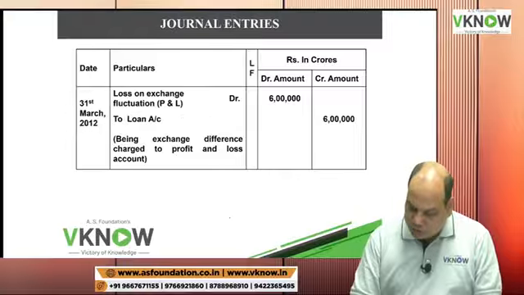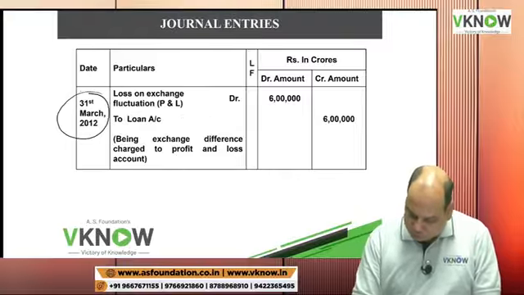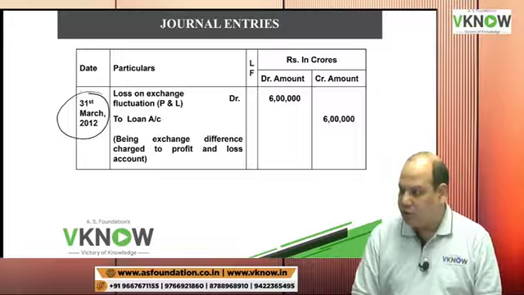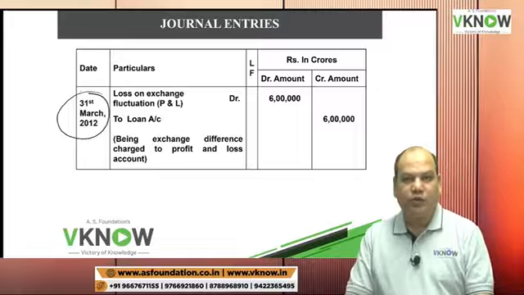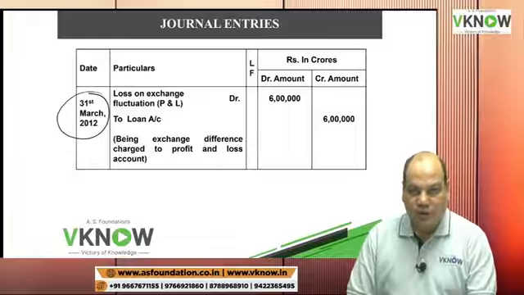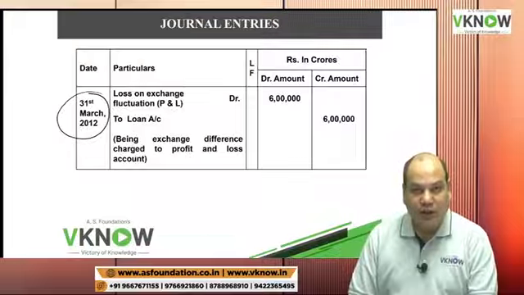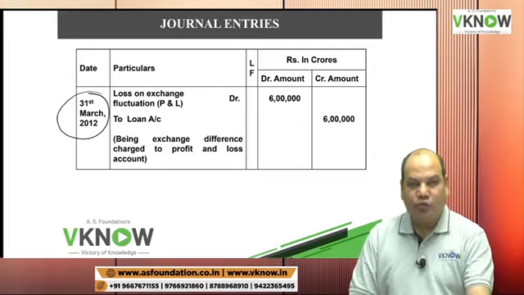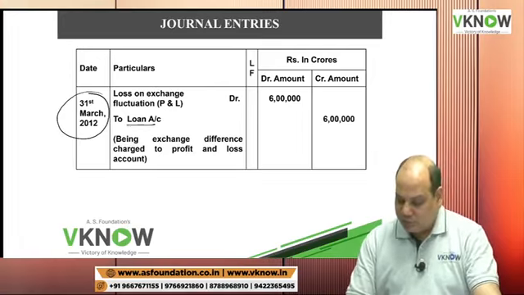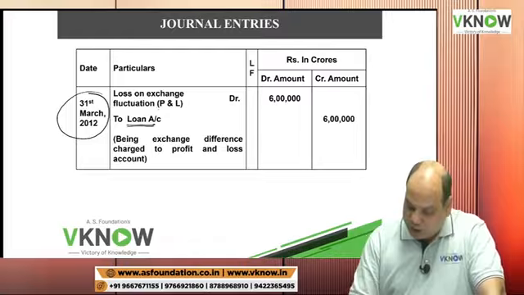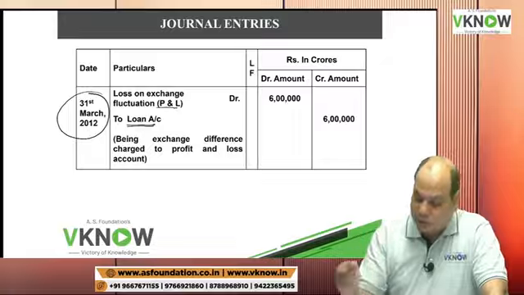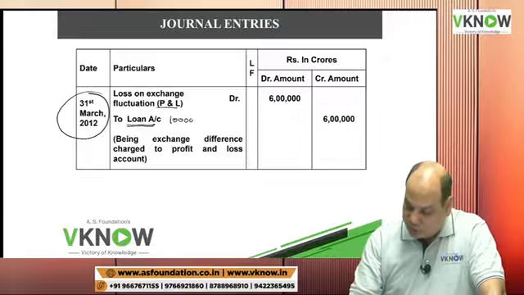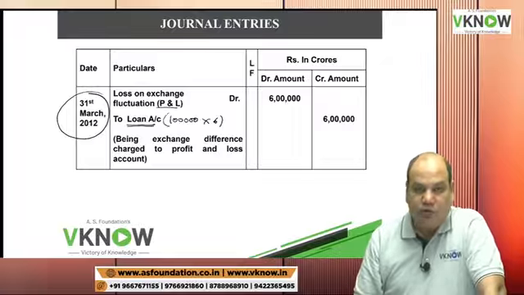Now we'll go to 31st March 12. Till the end of 31st March 12, the classification was integral. So we are going to again transfer the difference to P&L account. Now if you look at the exchange rate, it has gone up by 6 rupees, from 46 it has become 52.